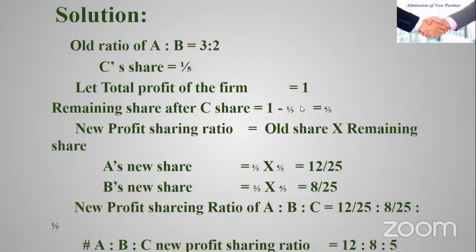How did you get 1 by 1 here? When you are subtracting, convert the 1 also into a fraction. So 1 by 1 minus 1 by 5. The LCM you will get is 5. You get 4 by 5.